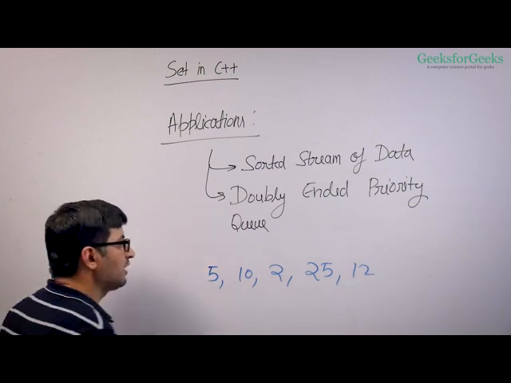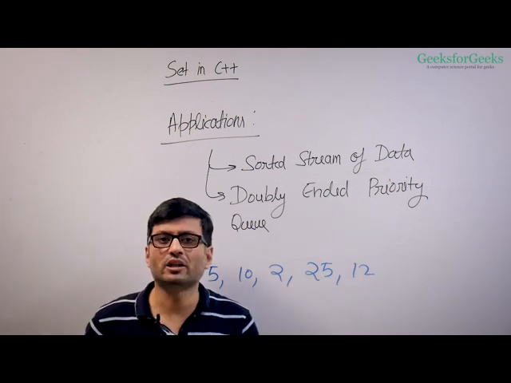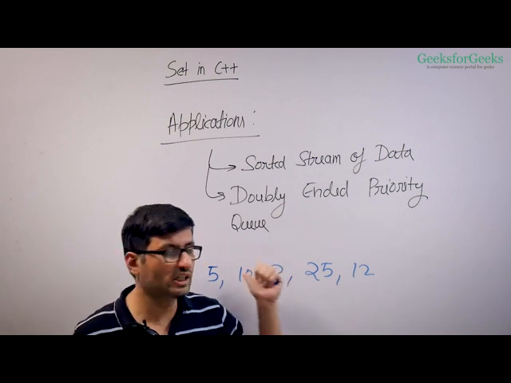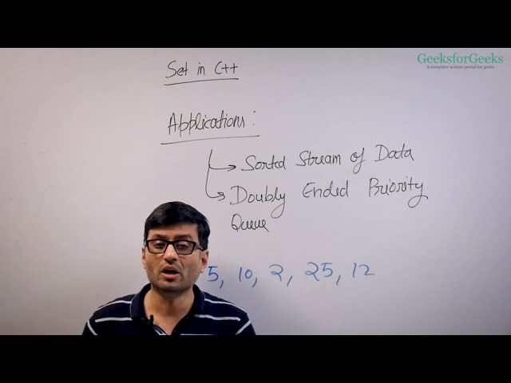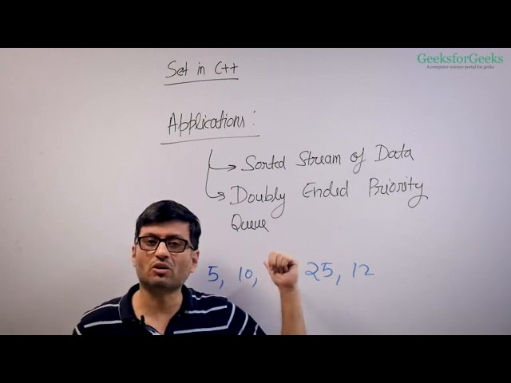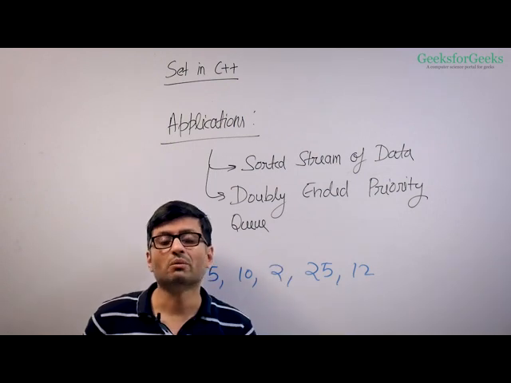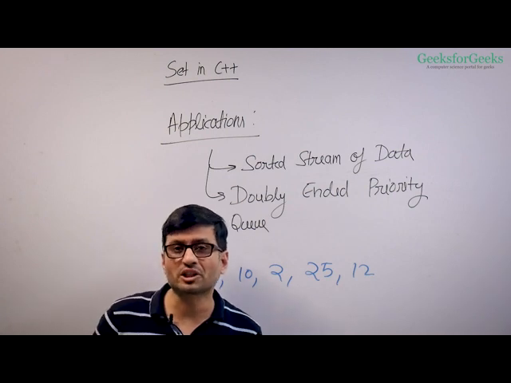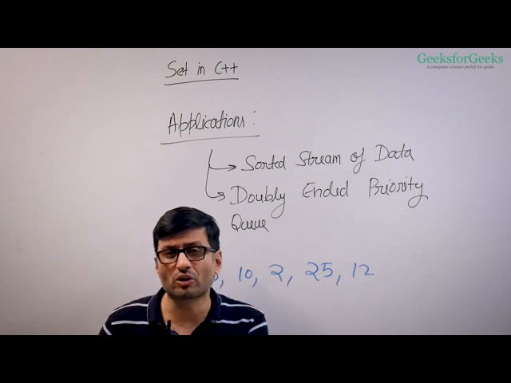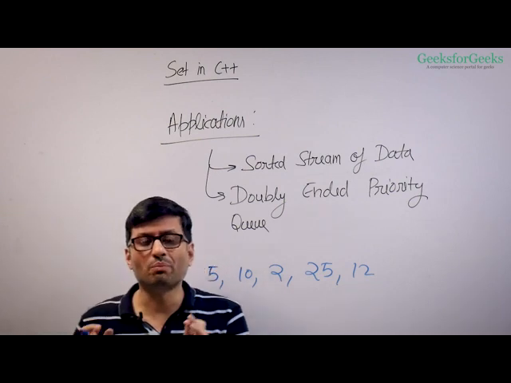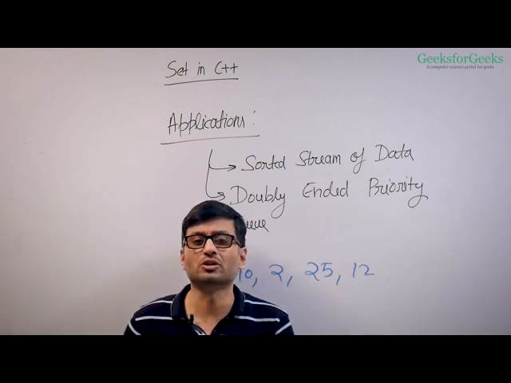This is unsorted data, but you want to maintain it in a sorted way. If you use an array, then it will be really costly to maintain the data in a sorted way, because every insertion will cause big O of n time complexity. But if you use set, every insertion is going to be log n. So if you have unsorted data and you want to maintain it in a sorted order, you use set.